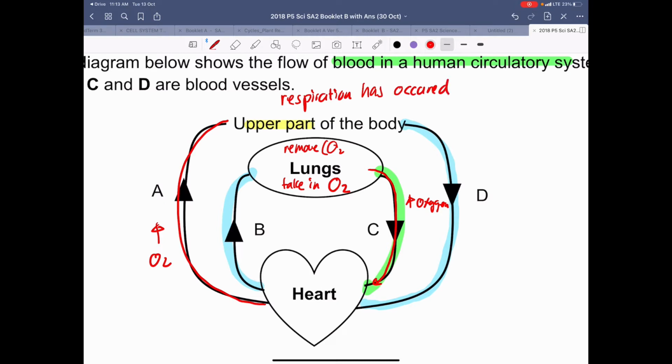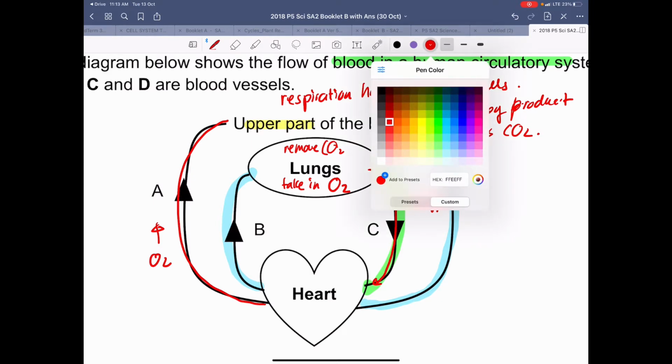In the cells. So when it has occurred in the cells, always remember, the byproduct is actually carbon dioxide, CO2. So can you imagine when all the cells in other parts of your body carry out respiration, CO2 gets produced, it needs to go into the blood. All the CO2 will return to the blood.